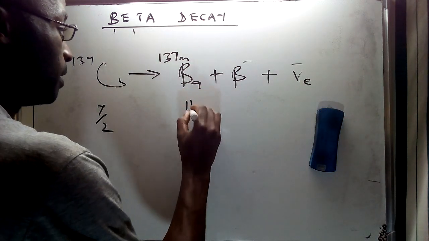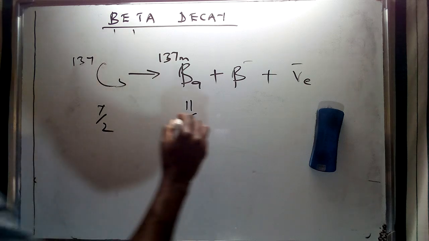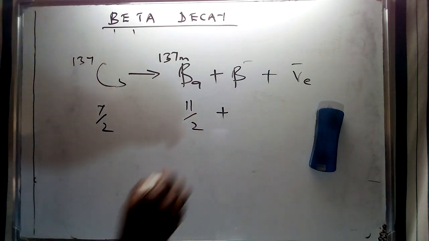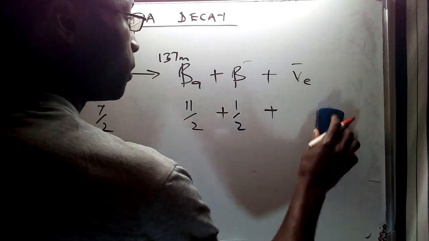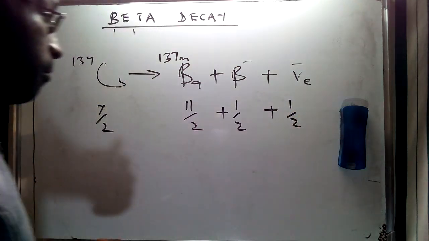We had said for barium-137 it's 11/2, and then for the electron it's a half, so we have to make that correction.